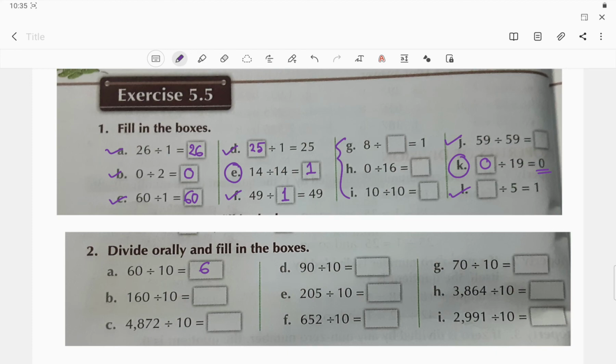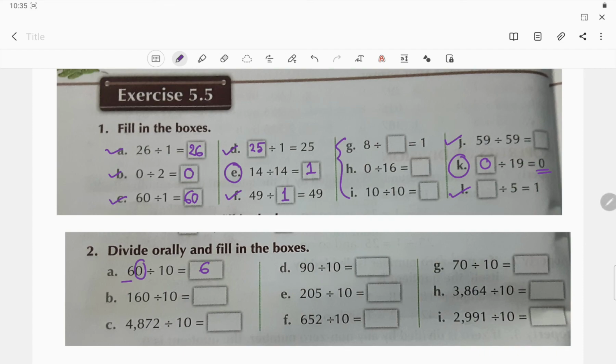That means what will be your remainder? 0. And what will be your quotient? 6. When the remainder is 0, that means the number is completely divisible by the divisor. And you can check, if you multiply 10 by 6, you will get 60. That means 60 is completely divisible by 10. That's why the 6 is coming. Only the quotient, and the remainder is 0.